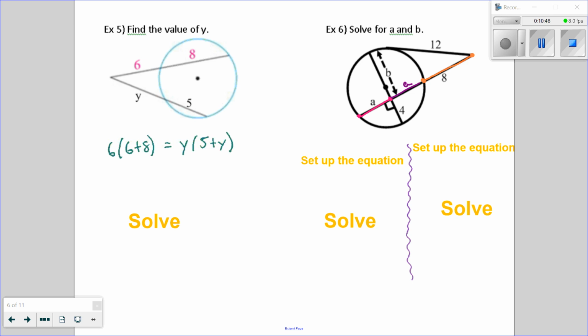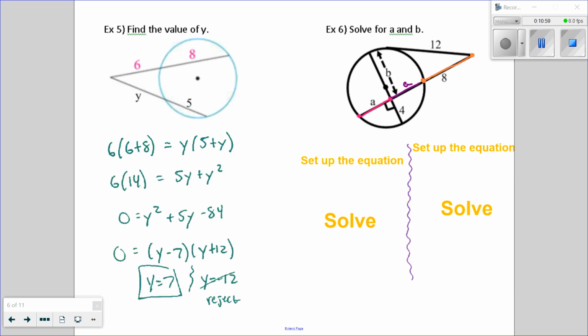So the outside part of the secant is outside the parentheses. The outside part of the secant, the y value here, is the outside part of the parentheses. So 6 plus 8 is 14. Distribute the y. We need it equal to 0, and then it'll factor.